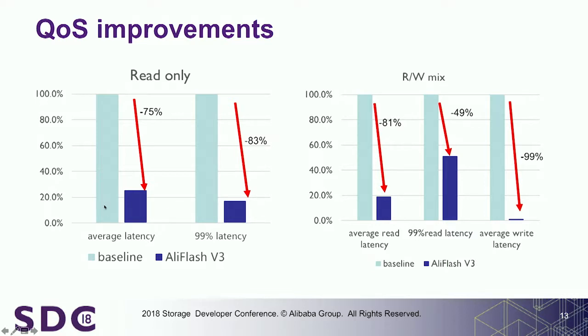The light blue is the baseline, and the deep blue is our user-mode FTL with those I/O scheduling schemes implemented. So it's roughly a 5x improvement. And if you look at the read and write mixed workload, the improvement is even higher, especially for the average write latency.